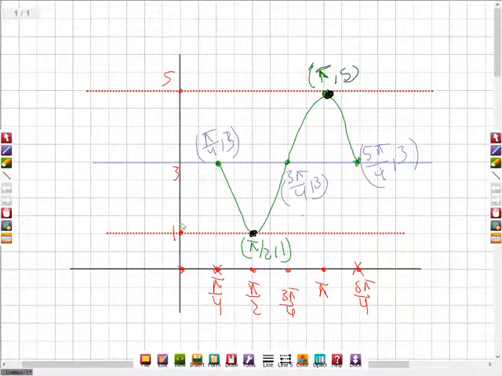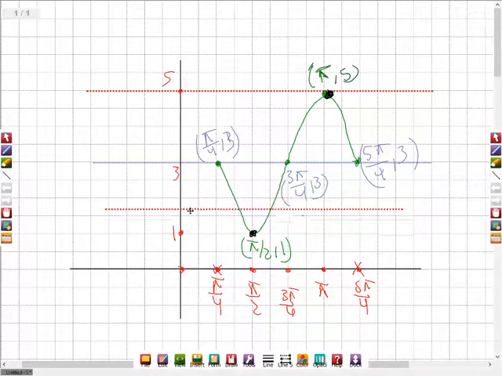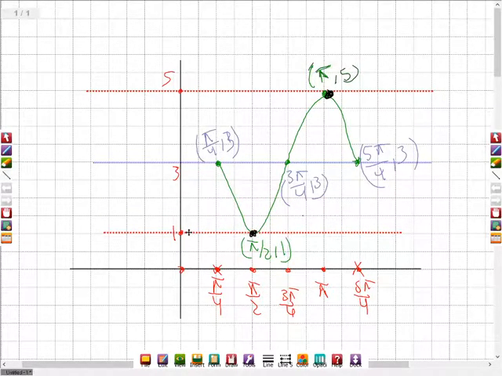You see my range? From 1 to 5. This is my range.